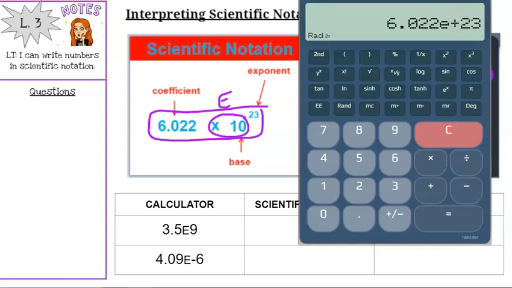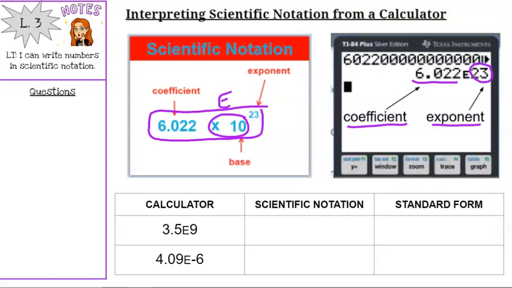So it's going to have this type of look to it when you type it in on a calculator. So, if my calculator gave me 3.5E9, I would know that in scientific notation that was 3.5 times 10 to the 9th power. And then in standard form, that would be 3.5, and then I'm going to move that decimal point 9 places to the right. It's positive. I want a number that's bigger than 1.